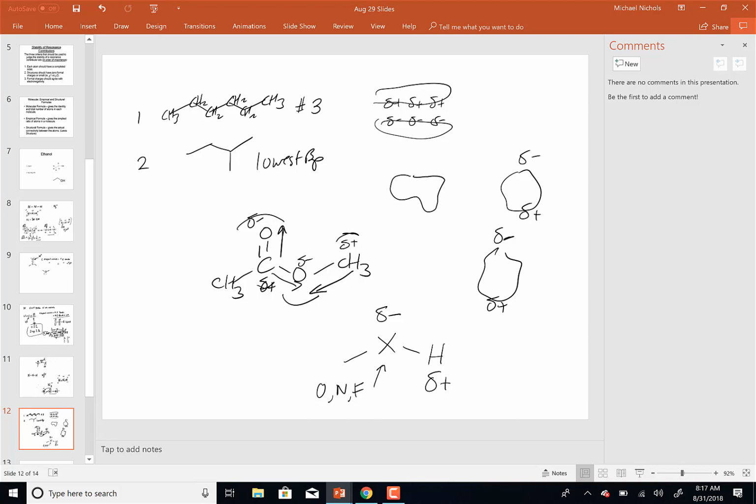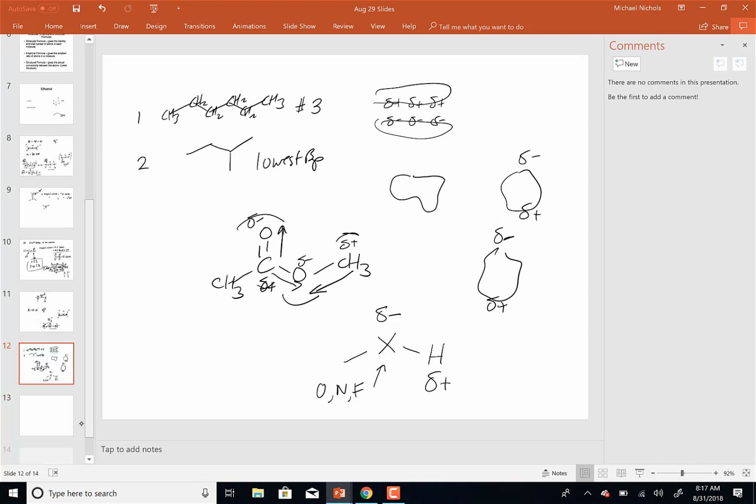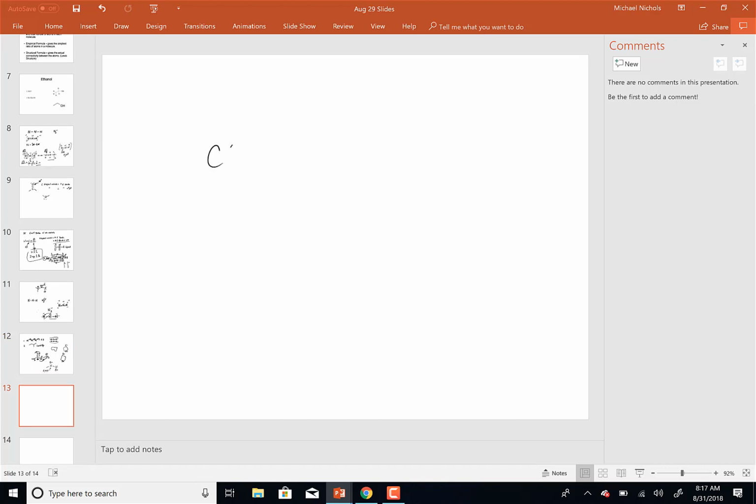So when we go and we look at this molecule, and I'm just going to write it again. The question is, does this molecule have the ability to hydrogen bond? Yes?